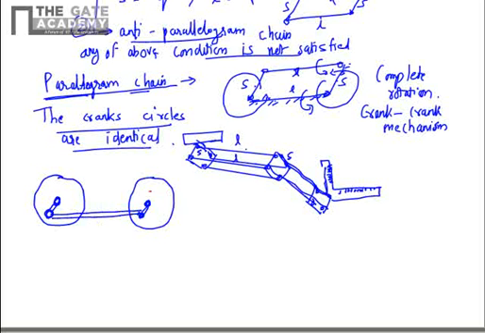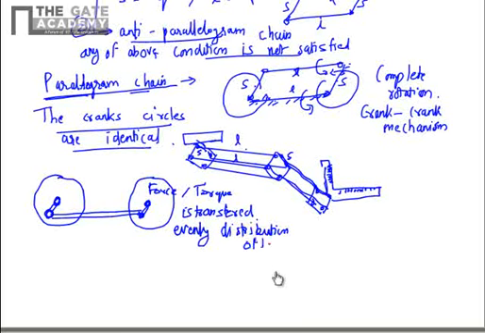By this means the force or torque from one wheel is transferred to the other, and the load is evenly distributed. So here also you can see that this is a parallelogram mechanism with the longest link fixed, and these two cranks do a complete 360-degree rotation. So these are our applications: drafter and locomotive.